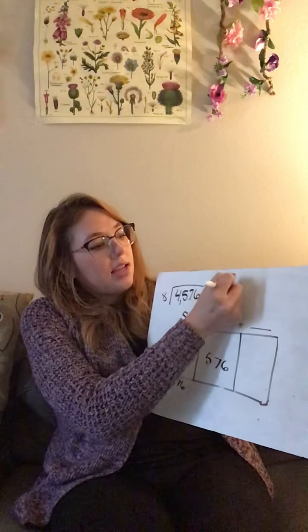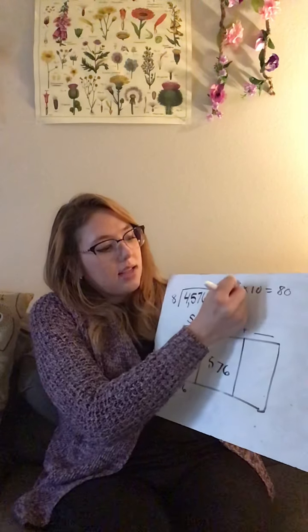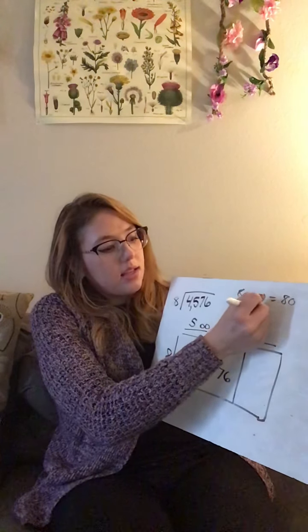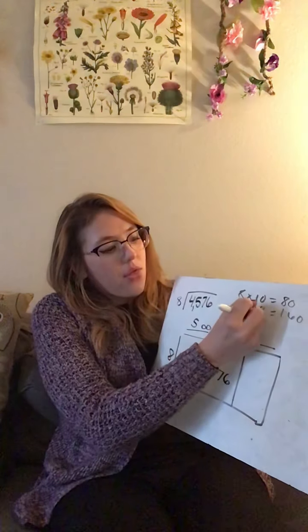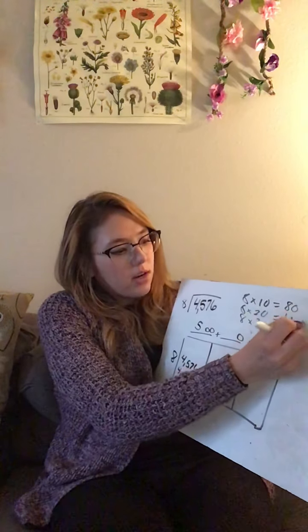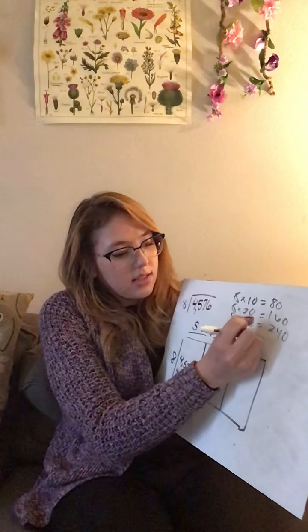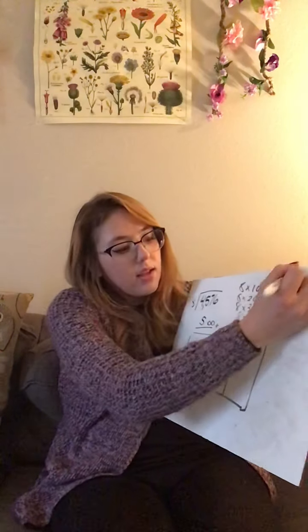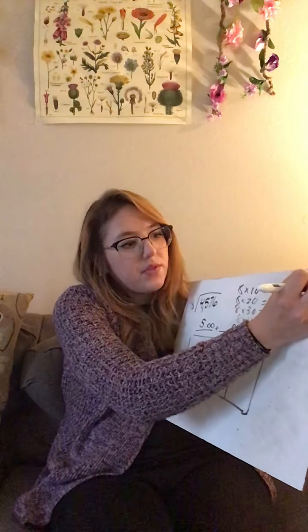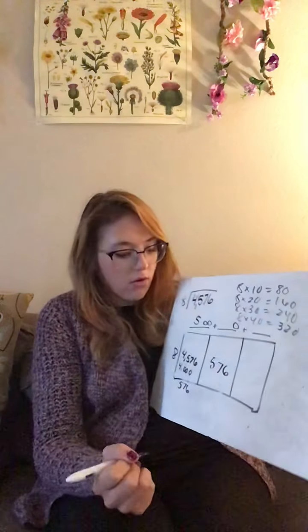I know 8 times 10 is 80. 8 times 20 is 160. 8 times 30 is 240. We're getting there. 8 times 40 is 320. I could go bigger. 8 times 50 is 40 with a 0, so 400.